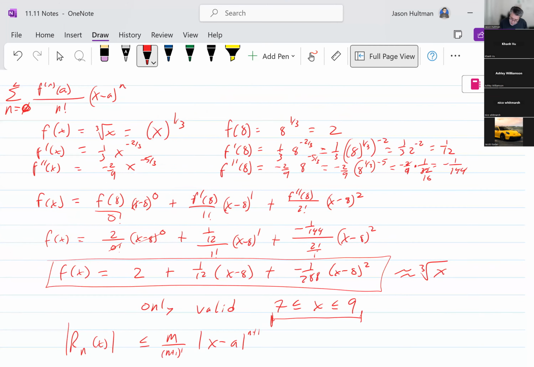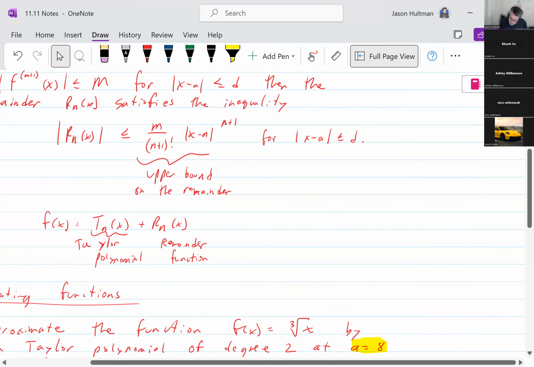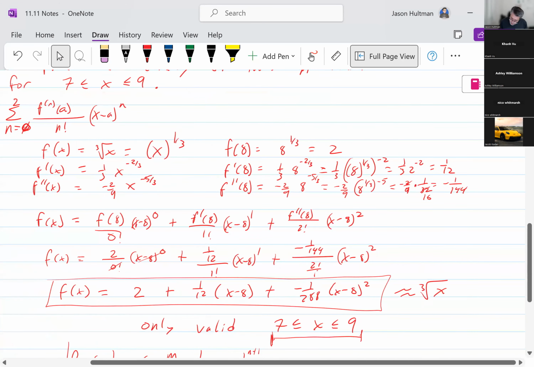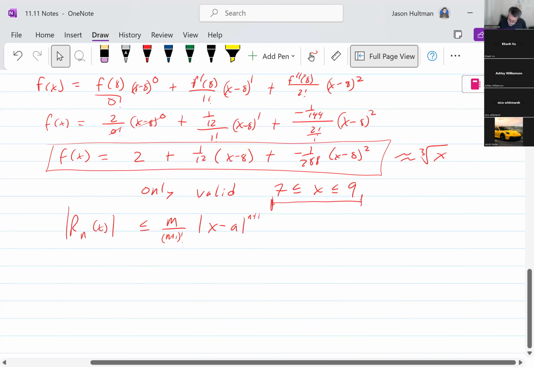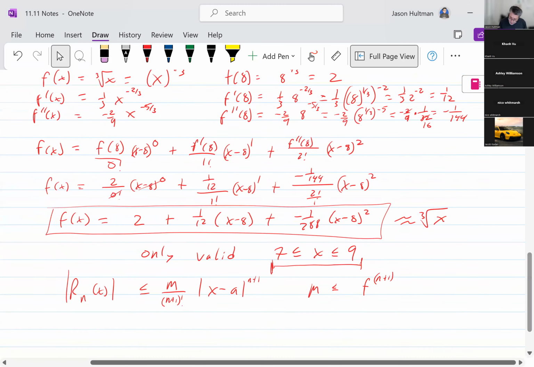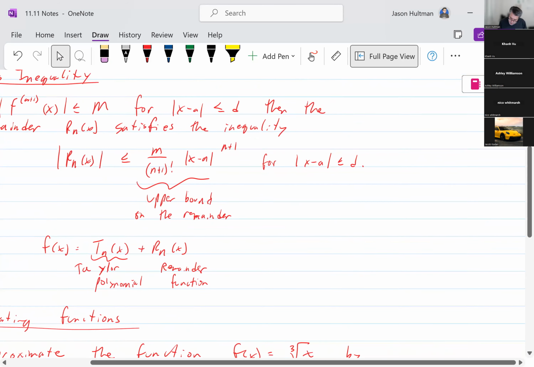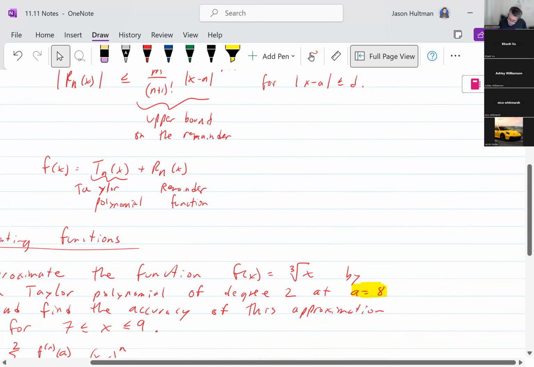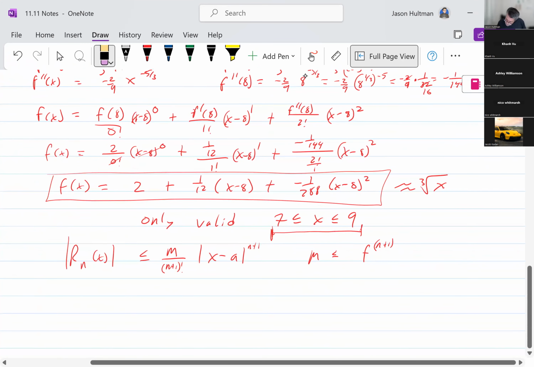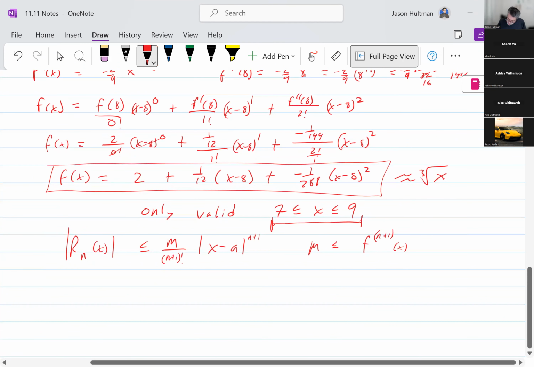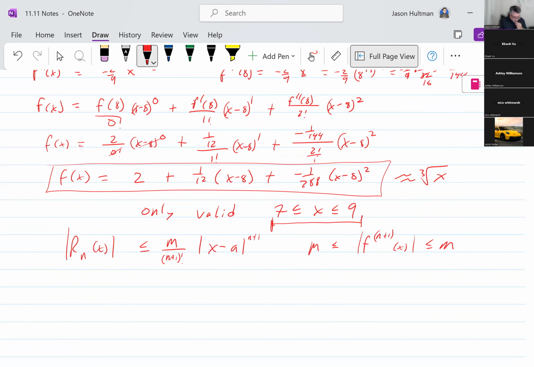Pretty sure that's what that is. Yes. Okay, and what's m? Well, m is such that the absolute value of the n plus 1 derivative of x is less than or equal to m. Less than or equal to some boundary there.